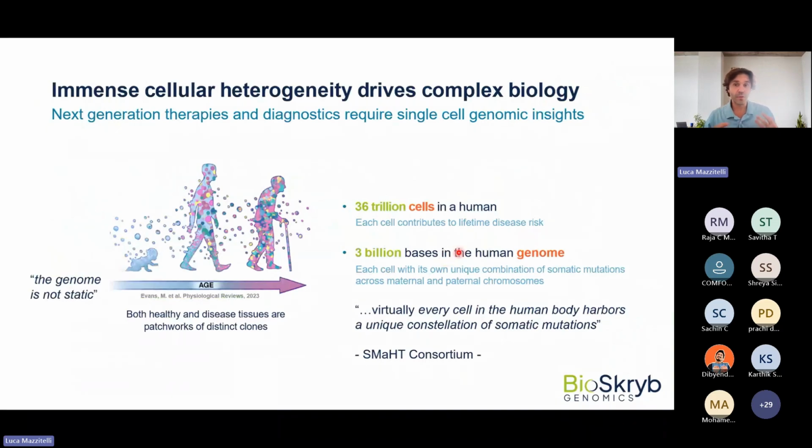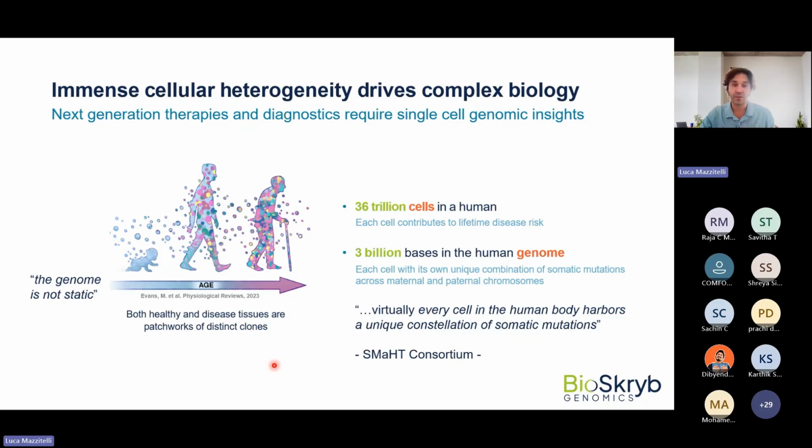So our mission clearly is to help scientists understand the immense cellular heterogeneity that exists and drives tissue biology and disease. So in this figure, it's showing that the mosaicism, it means accumulation of mutations, increases in our cells as we age.